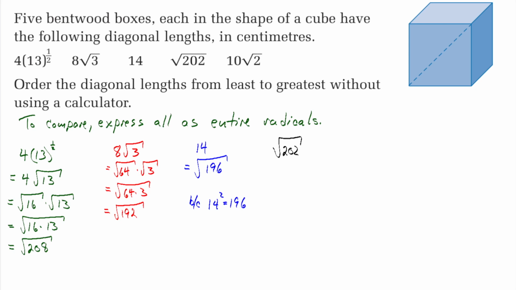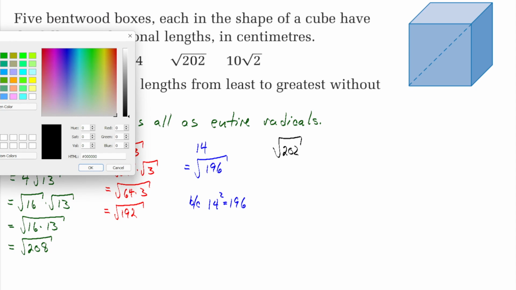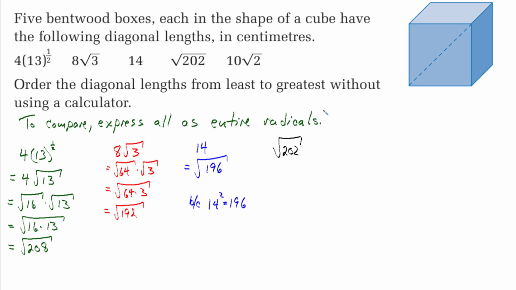And last but not least, what color haven't I used? Purple. 10 root 2. Okay, so 10 root 2, actually you might remember that one. We did that one the other day as an example. We're going to write 10 as the square root of 100. Okay, because 10 squared is 100.